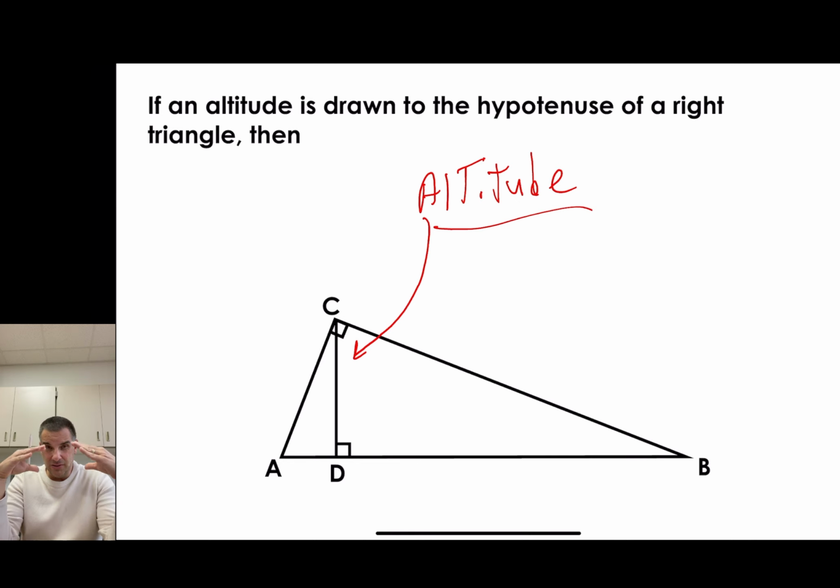So if we have any right triangle, we can draw this altitude in there. And that altitude is always going to go from the right angle to the hypotenuse of that triangle. And now if you'll notice, we really have three triangles that are now created within this.